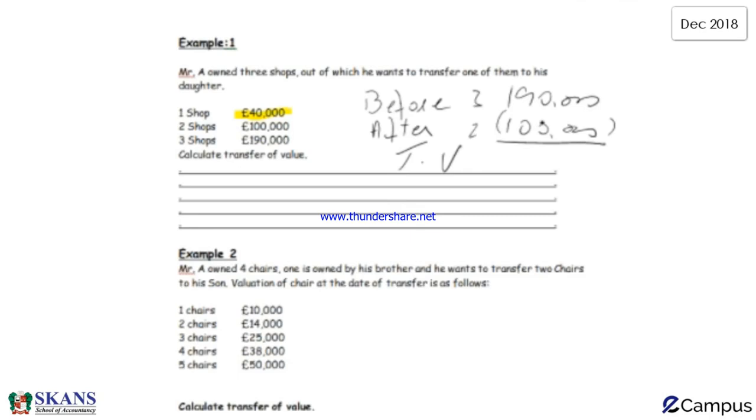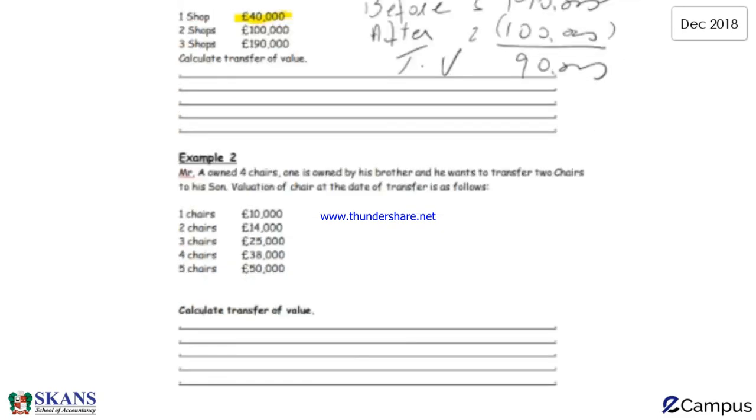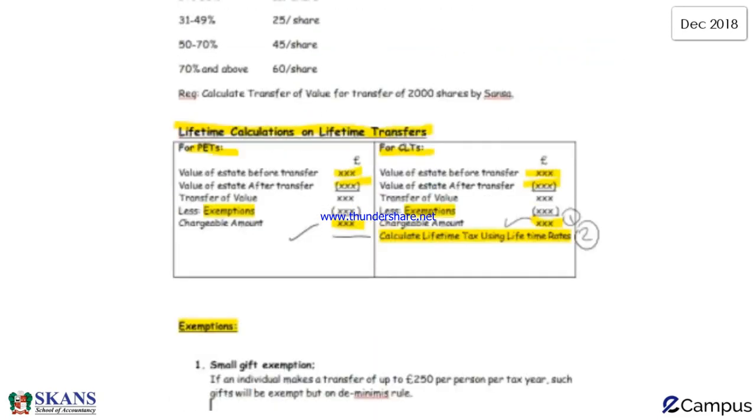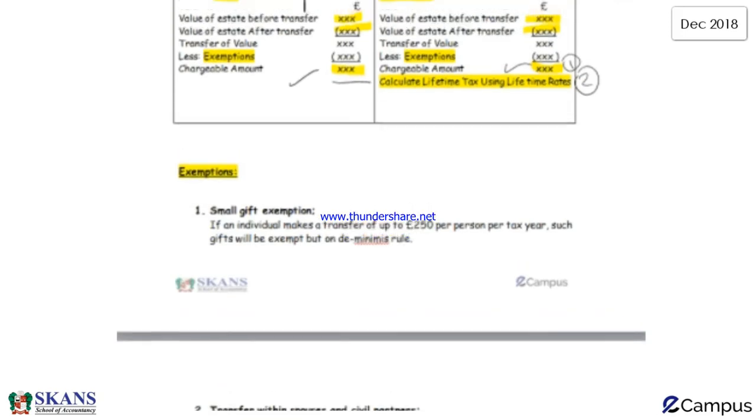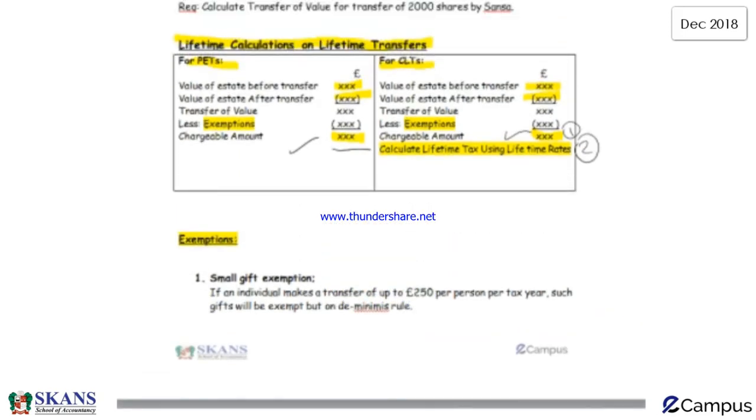So before the transfer he was the owner of 190,000 worth of estate, but after making the transfer, it is just 100,000. So we can say the value he just transferred in respect of this potentially exempt transfer is 90,000. So we just have to compare the value of the estate before making the transfer and after making the transfer. The difference will be the transfer of value.